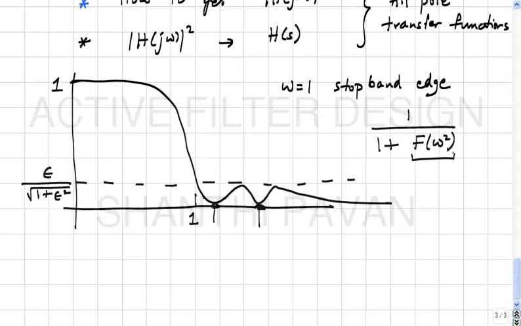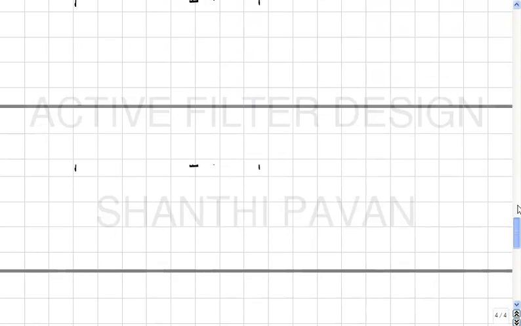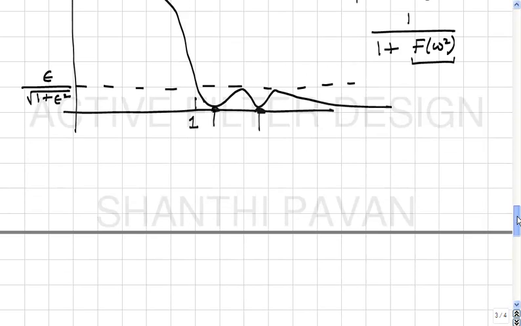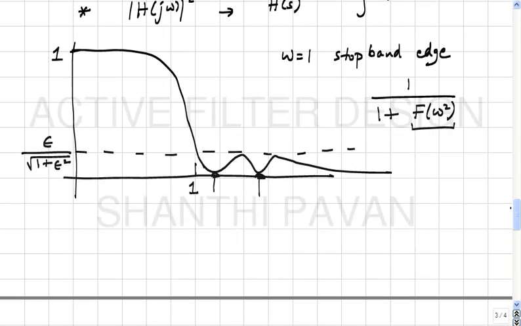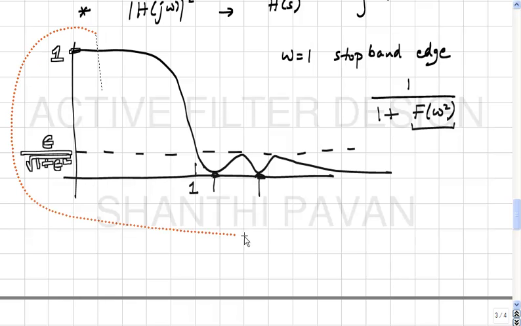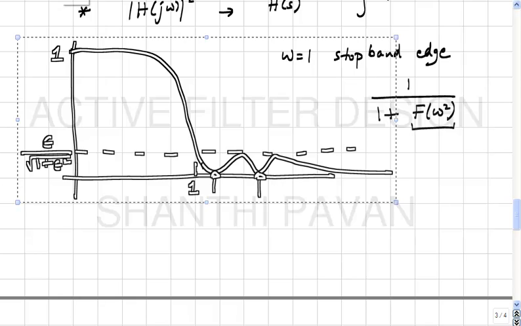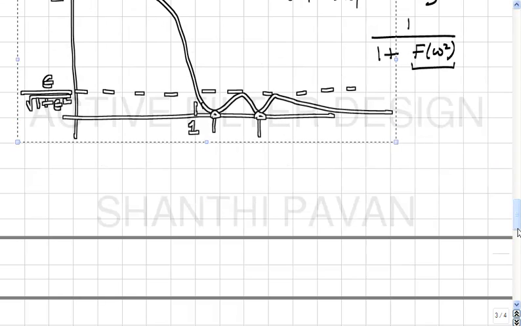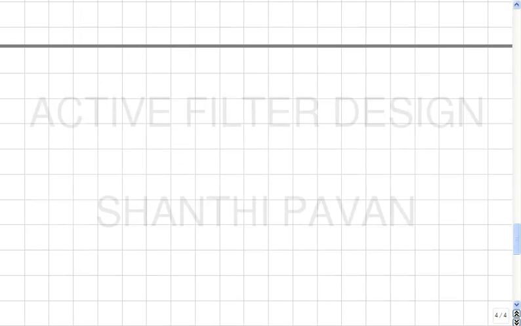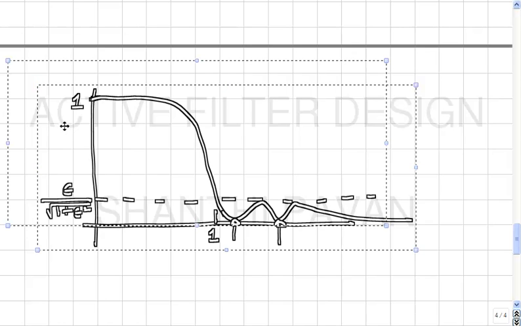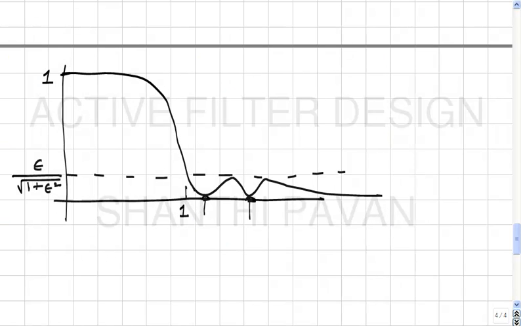Now that I have motivated the line of action, let's see what we can do about it. So this is the magnitude squared. This is the magnitude. I will copy and paste. Now what is the squared magnitude?